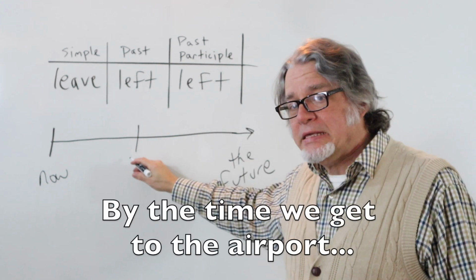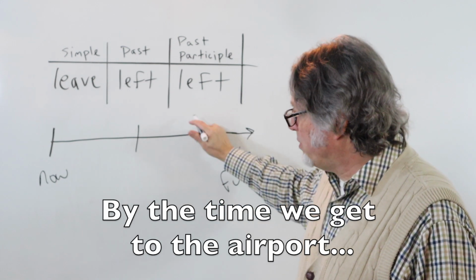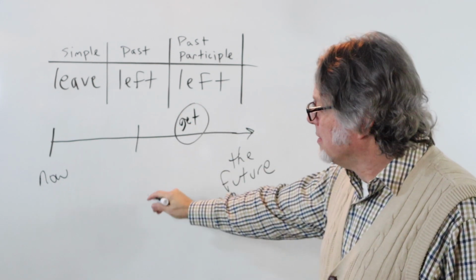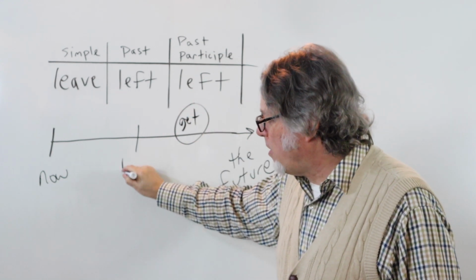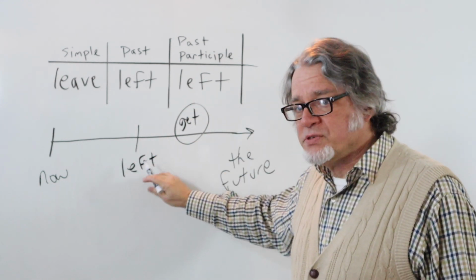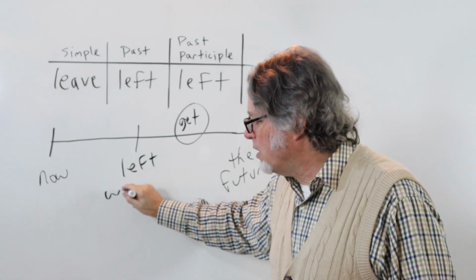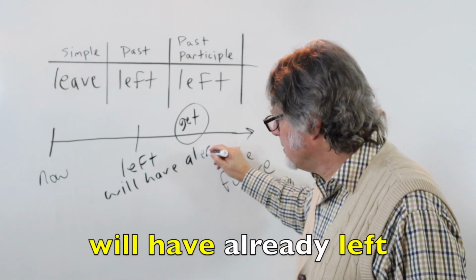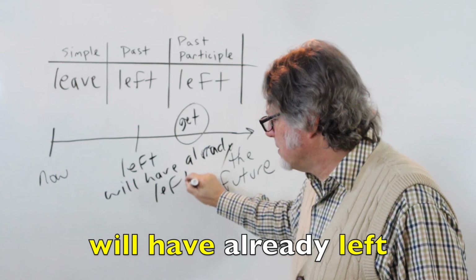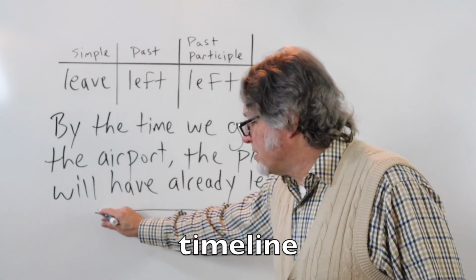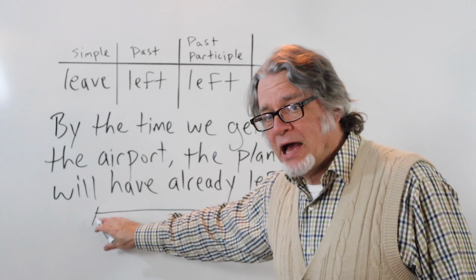By the time we get to the airport, that would happen somewhere here. We arrive at the airport. The plane will have already left. And this is the past participle. Will have already left. On a timeline, here's the situation now.